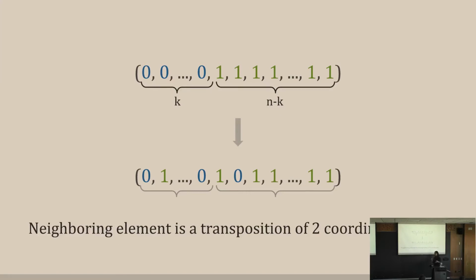So instead of only flipping one bit, if we flip a 0 to a 1, we need to flip another 1 back to a 0, or vice versa. That is equivalent to picking two coordinates and swapping them, and that's how we define the neighboring elements on the slice.